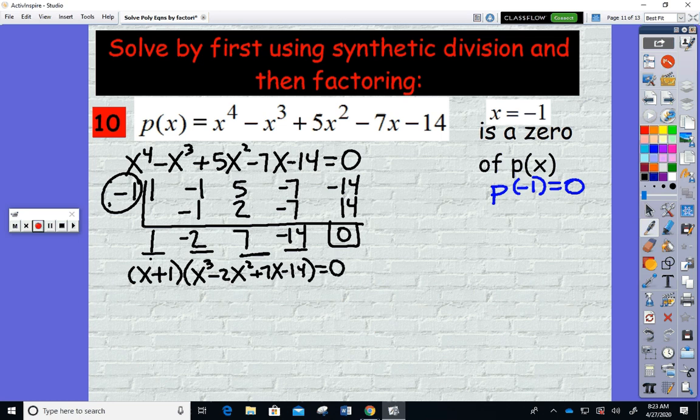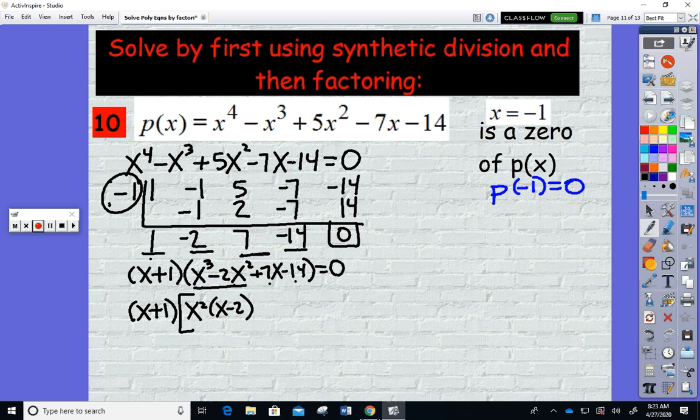I know the x plus 1 is linear, so it won't factor again, but I've got to try to factor the cubic. Well, I notice there's 1, 2, 3, 4 terms, so I'm going to try to group them. So x cubed minus 2x squared makes x squared a GCF.